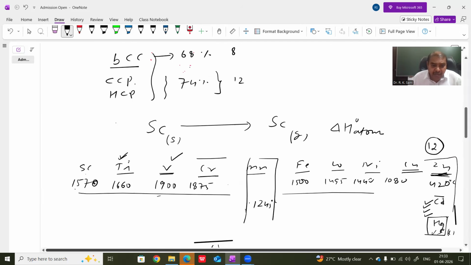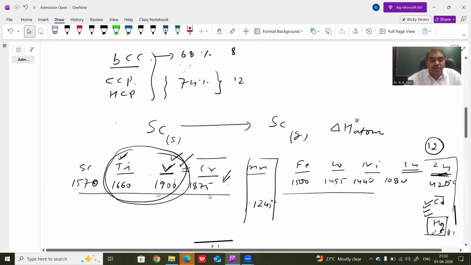Therefore, among the 3D elements, vanadium is the highest melting point. Chromium is the second element which possesses the highest melting point, or roughly we can say the melting points of chromium and vanadium are nearly equal. These are the points on melting point and atomization enthalpy.